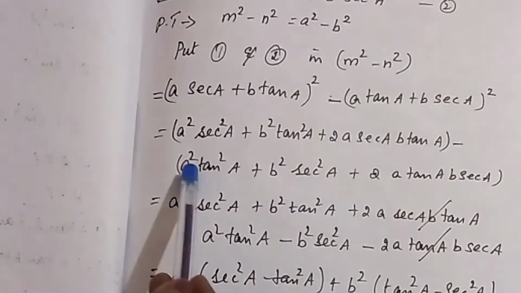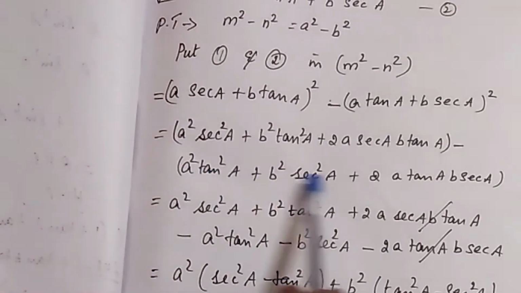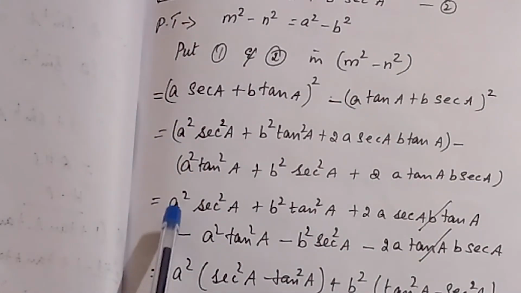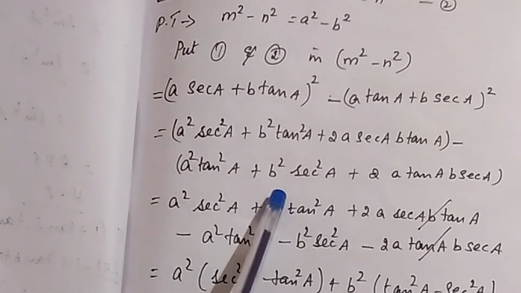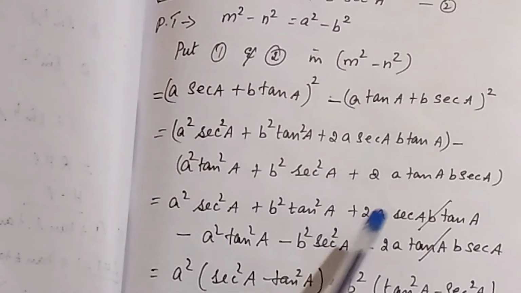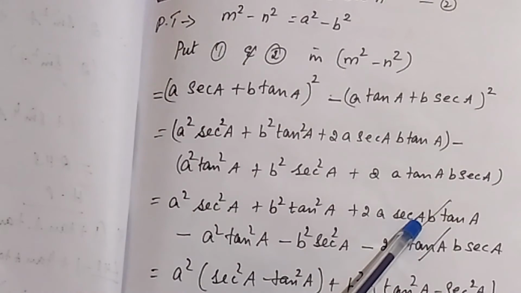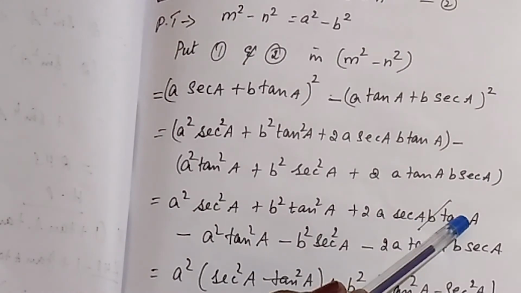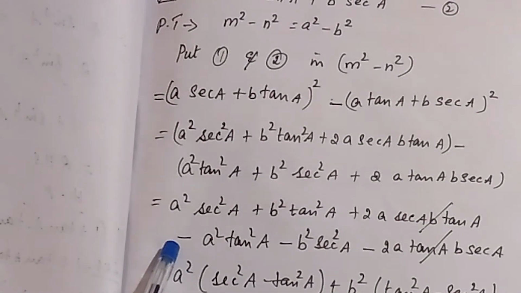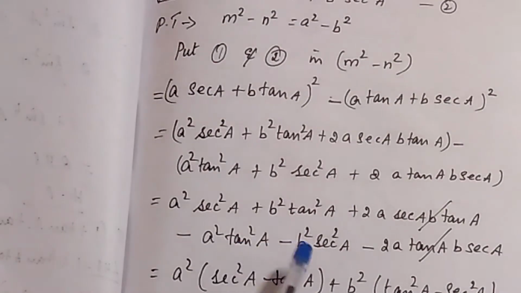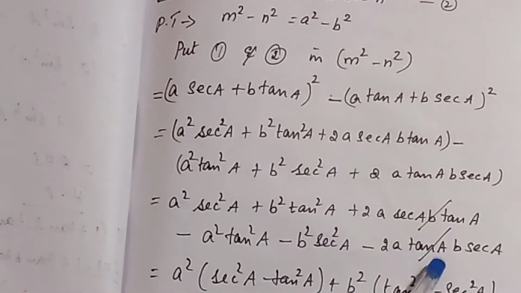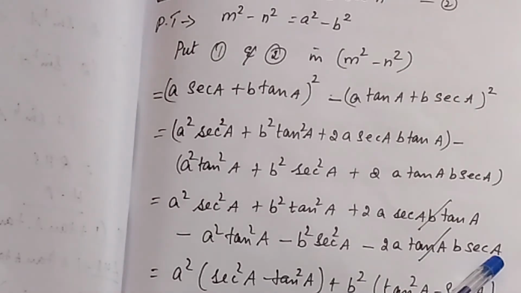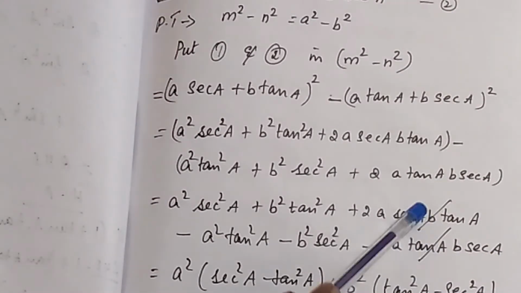Now minus multiplied, so these three terms will become negative. So you will get a squared secant squared a plus b squared tan squared a plus 2a secant a b tan a, then minus a squared tan squared a minus b squared secant squared a minus 2a tan a b secant a. And these two get cancelled.